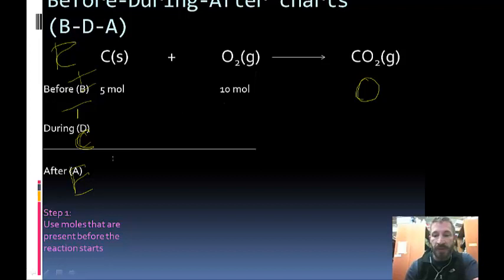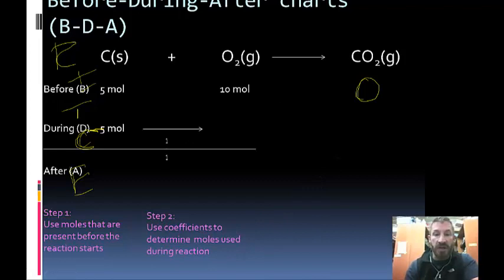Then we know that the 5 moles are the limiting, so that's used up completely and goes down by 5. It's a 1-to-1 ratio, so the oxygen used also goes down by 5. That's minus 5.